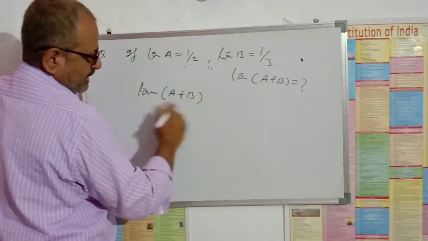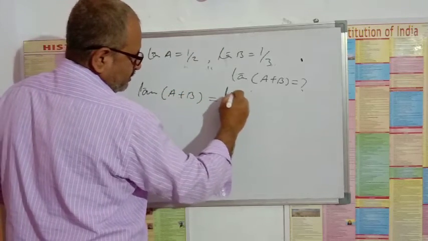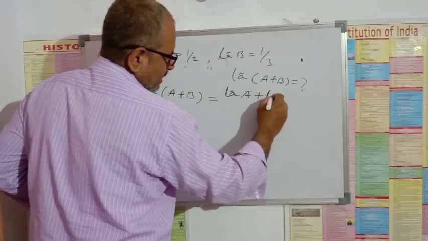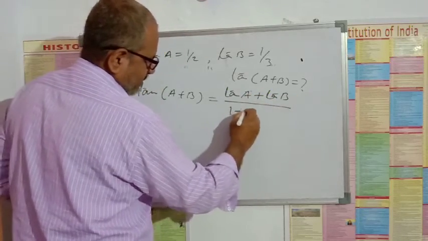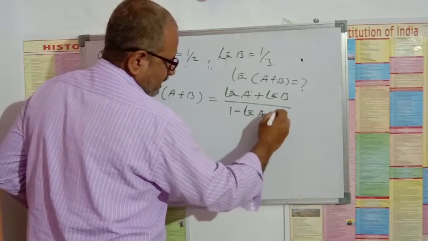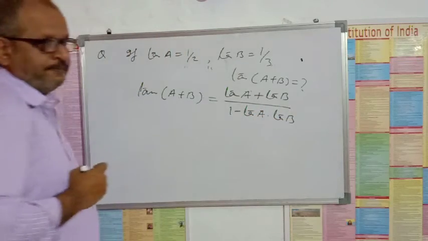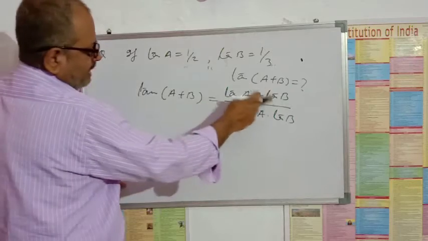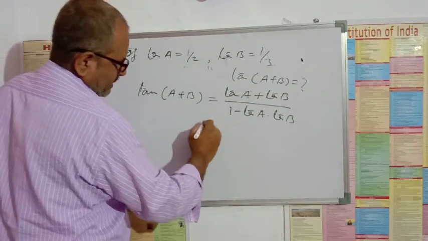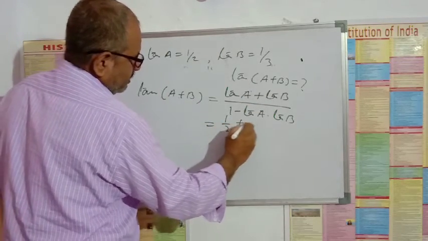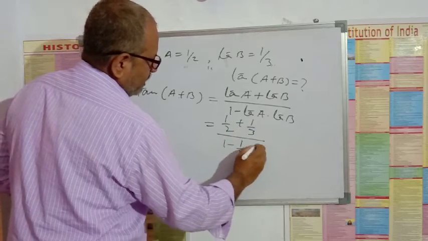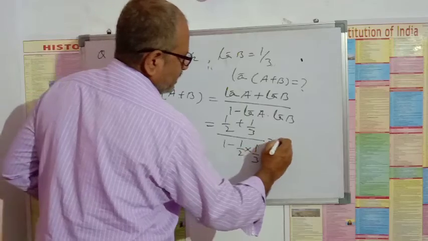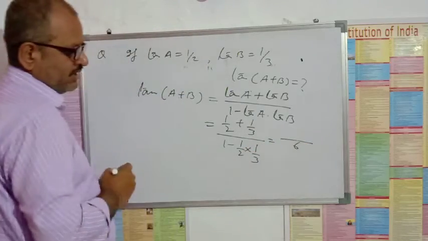We know that tan(A+B) is equal to tan A plus tan B whole upon 1 minus tan A into tan B. Put the values: tan A is 1 by 2, tan B is 1 by 3, upon 1 minus 1 by 2 into 1 by 3. LCM is 6.